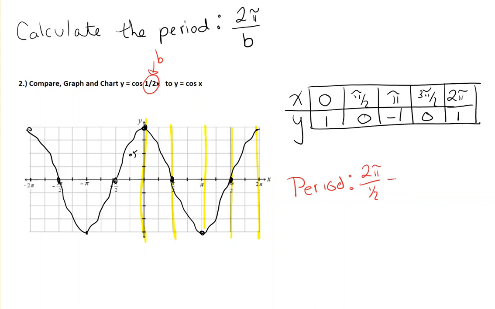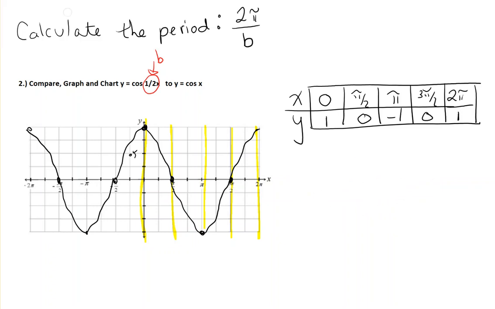Dividing by half is the same as multiplying by 2, so this becomes 4 pi. That means this is going to stretch a whole lot. I did not leave enough room on your graph paper, so you might want to extend this. I'm actually going to erase this a little bit.